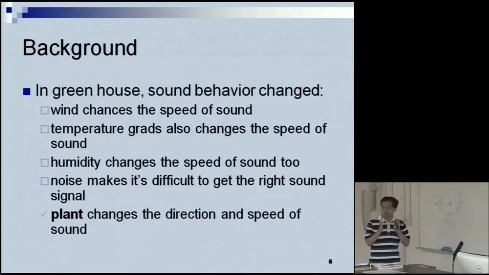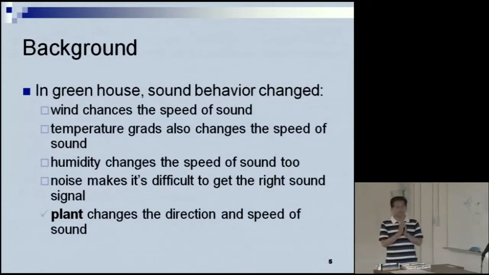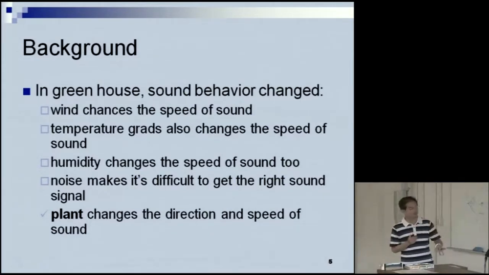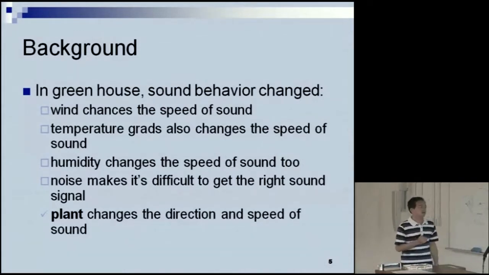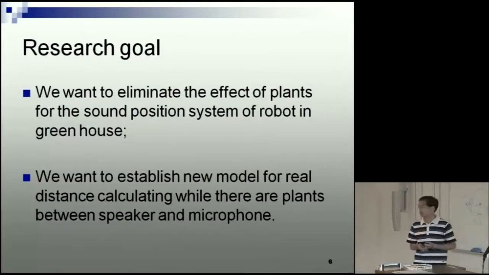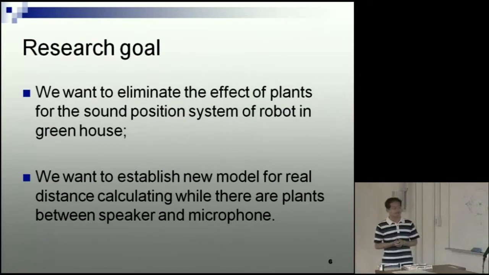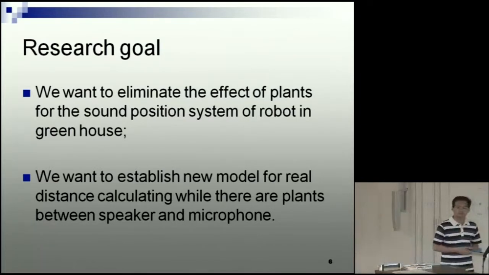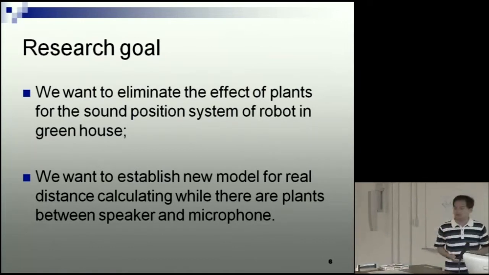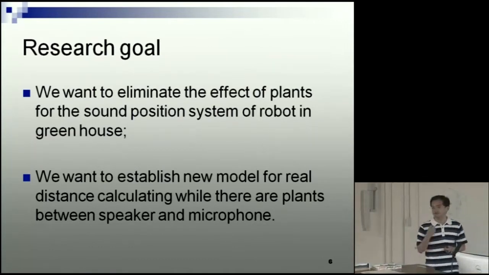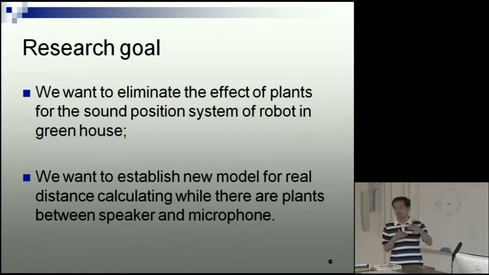I want to see what happens when there is something in the greenhouse ground between the speaker and the microphone. This is the research goal. I need to eliminate the effect of clouds on the sonar system. We need a new model to calculate the real distance.